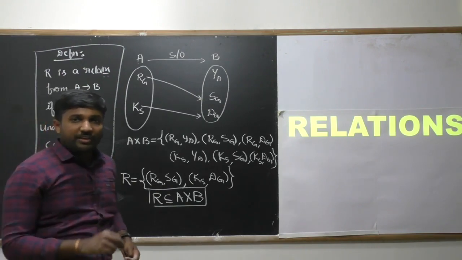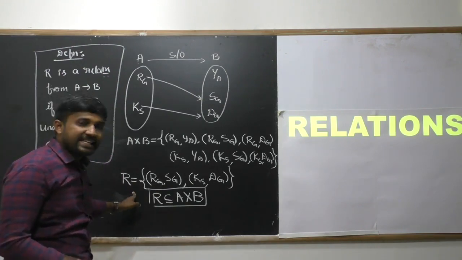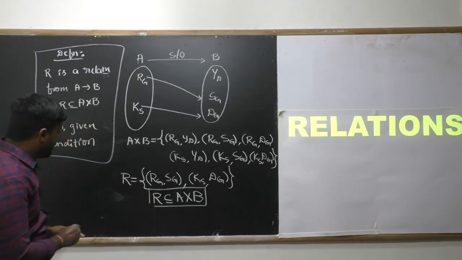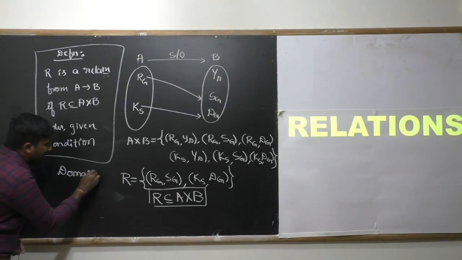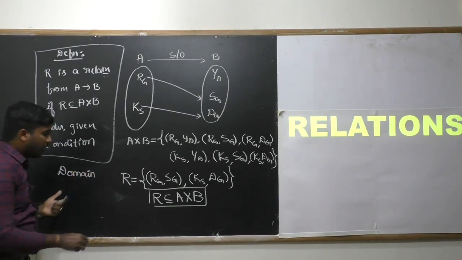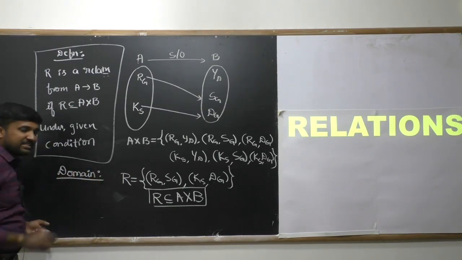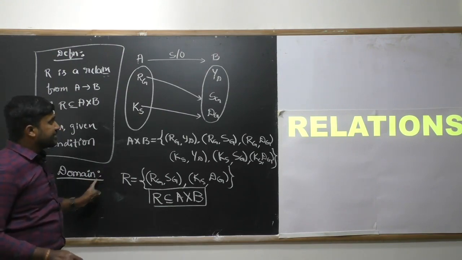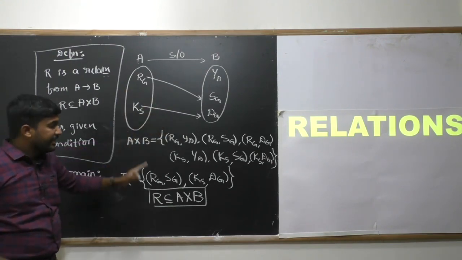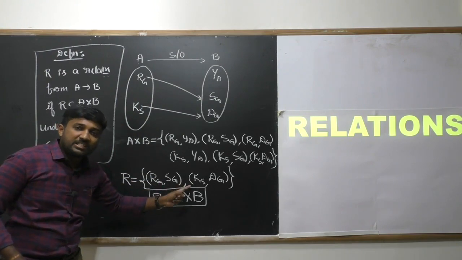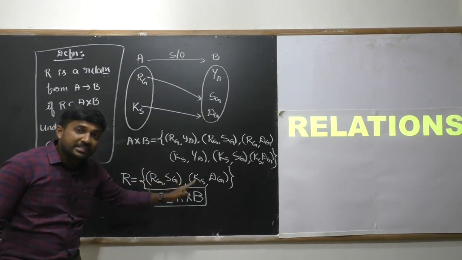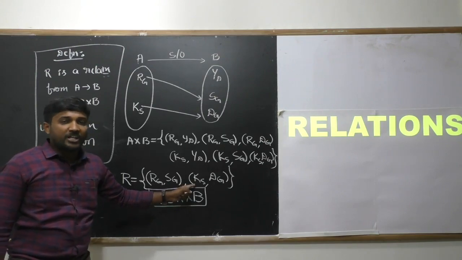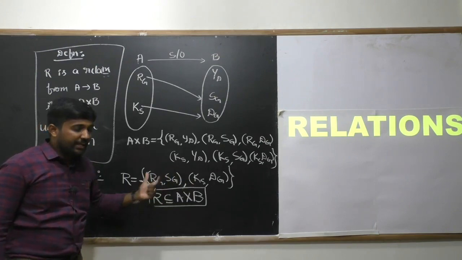Now we have two more definitions based on this set R. The next definition is the domain of a relation R. Very simple definition. In a relation R from set A to B, the set of first elements of the ordered pairs is called the domain.